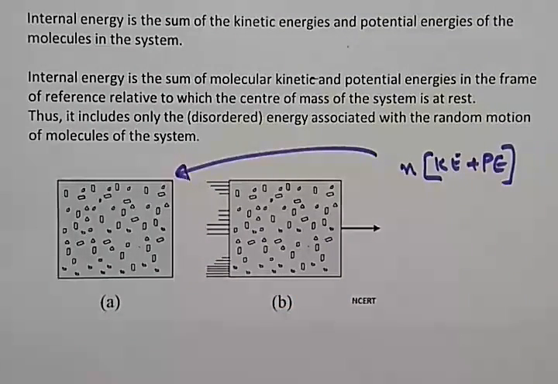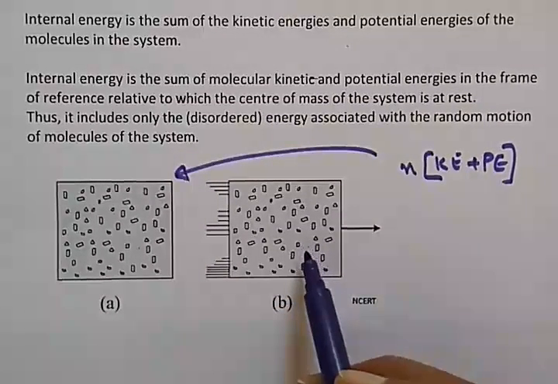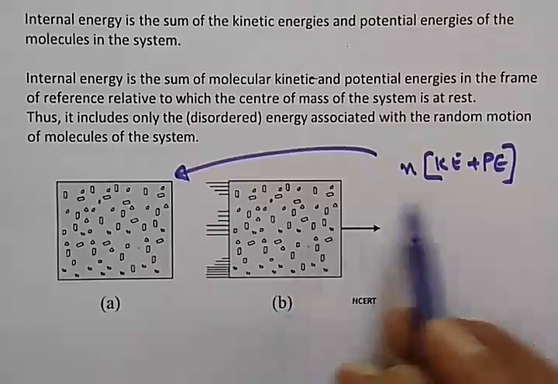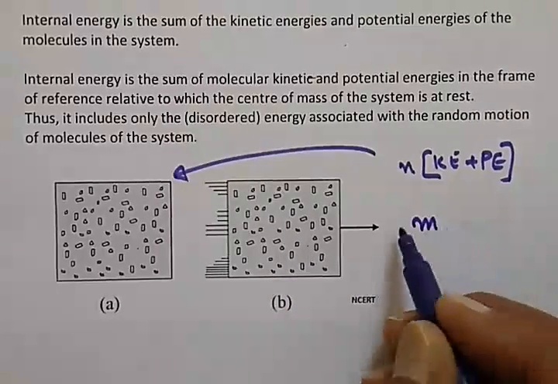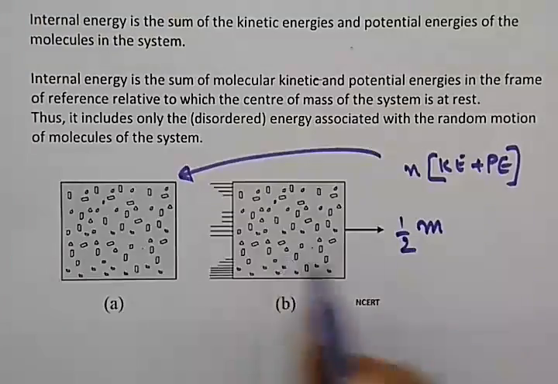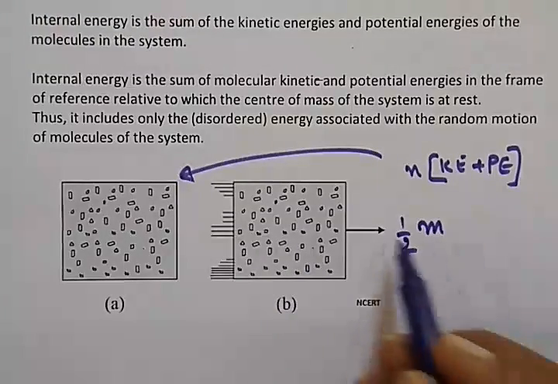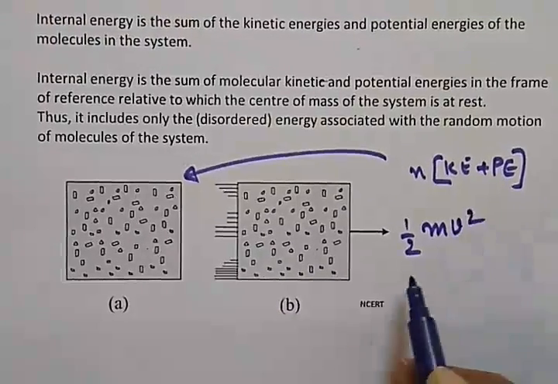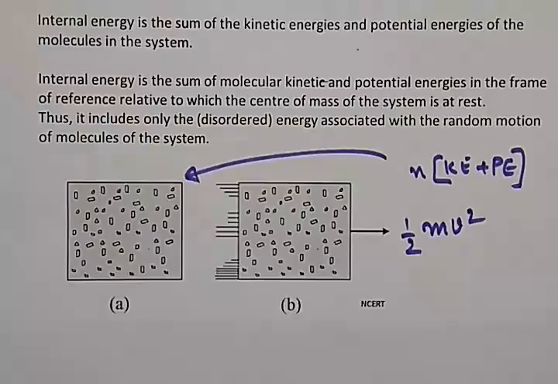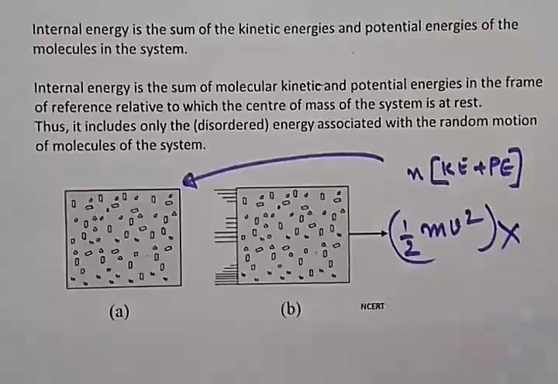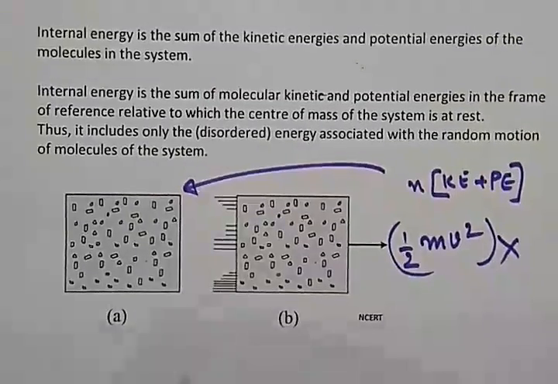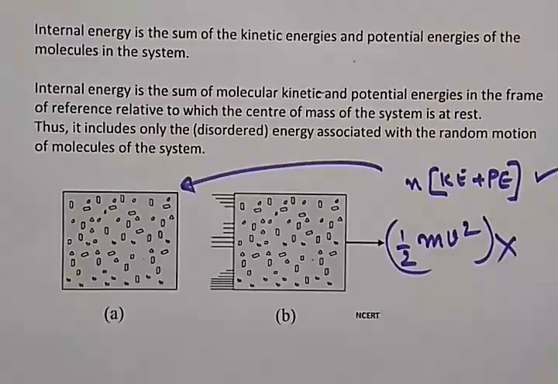And if this is moving with some velocity v, in addition to this it will have half mv square, if the mass is m. Okay, this we are not considering. We are considering only this.